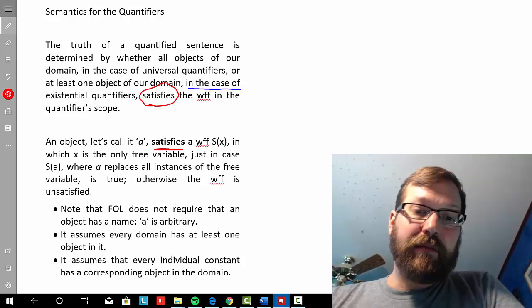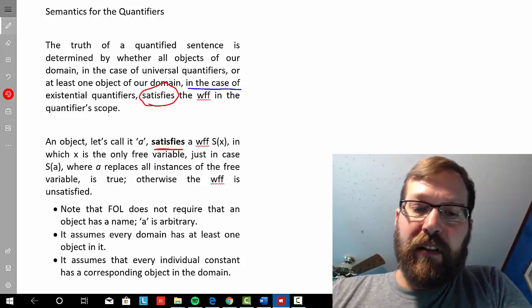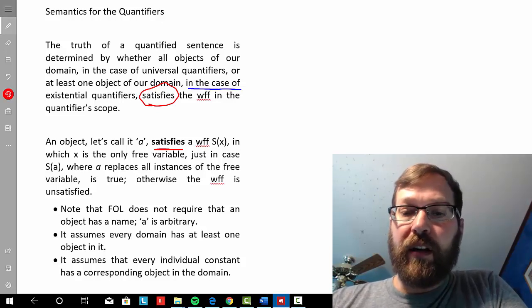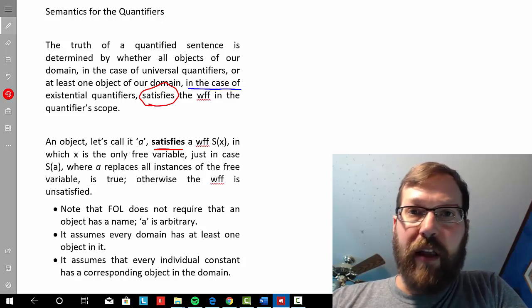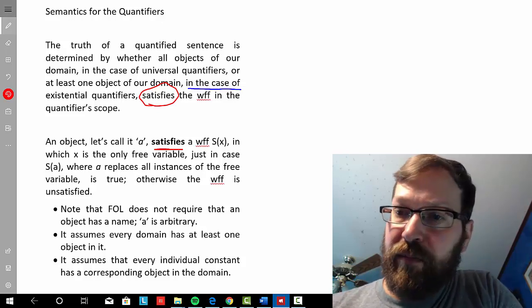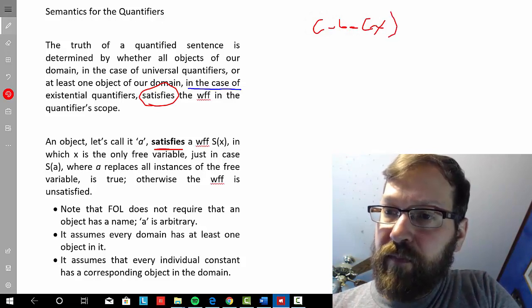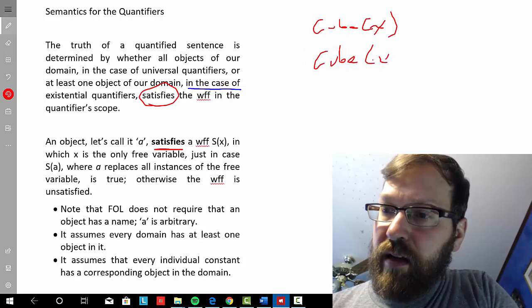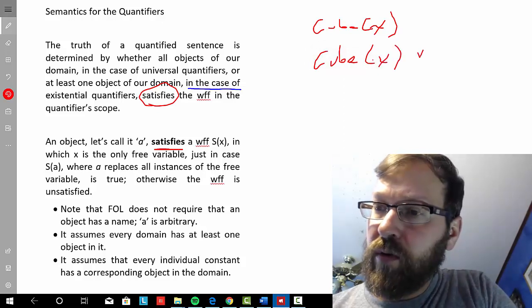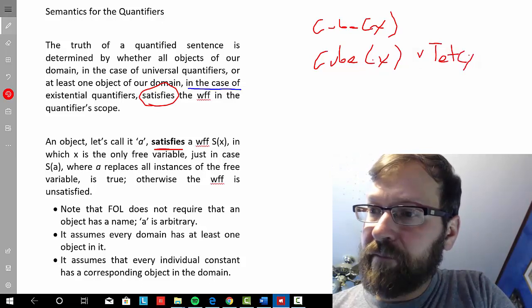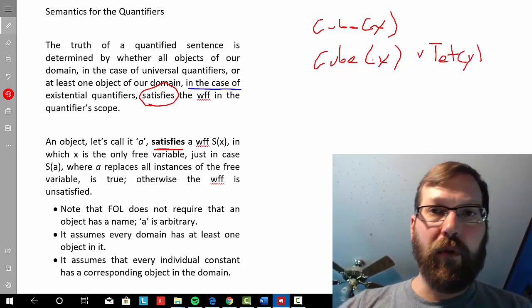So an object, let's call it a, satisfies a well-formed formula S of x, whatever that well-formed formula is. Could be x is a cube, or y is a tet, so on and so forth.